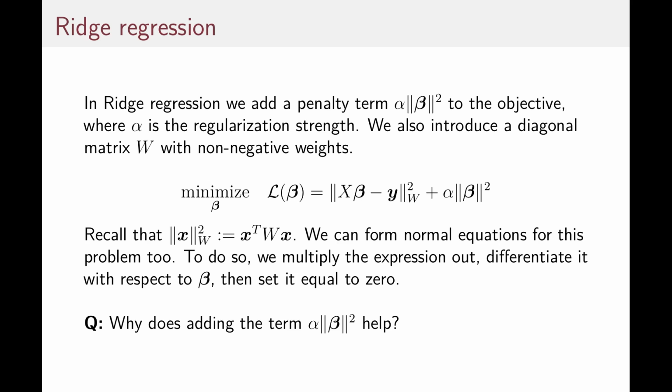Now we're going to go from linear regression to ridge regression. We're also going to add some weights to the data, because it's a common thing to do. You have the option of adding weights if you deem some data more important than others. So we're going to do two things to the loss function. The first thing is we're going to add this W matrix.